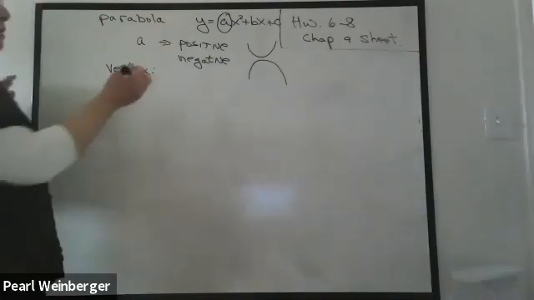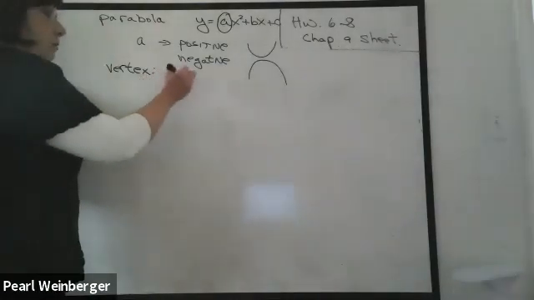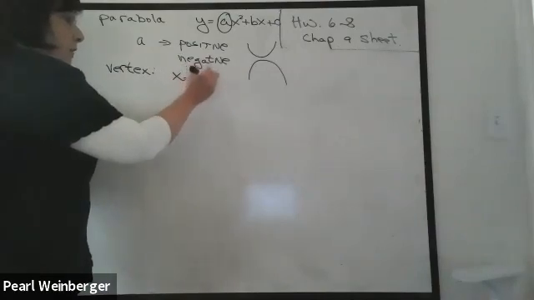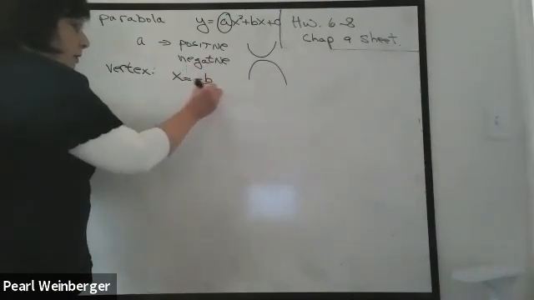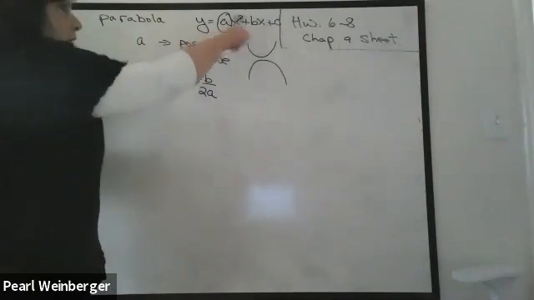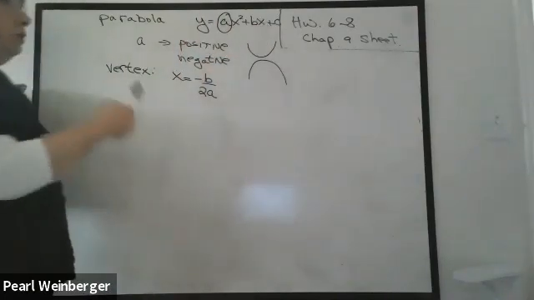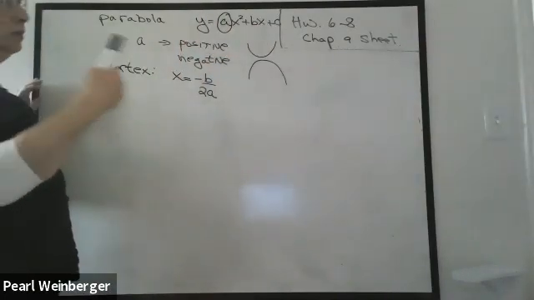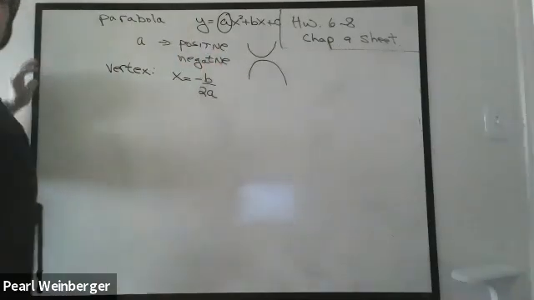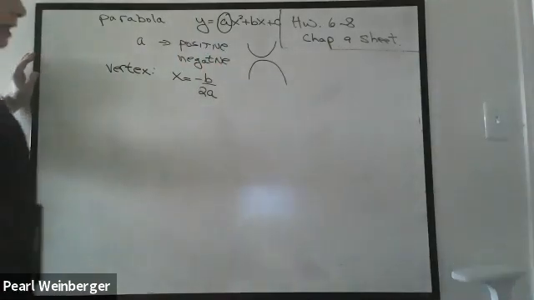There's a formula that says x equals negative b over 2a. Remember what the a, b, and c are. The a is the number in front of the x squared, the b is the number in front of the x, and the c is the standalone number, the constant that doesn't have any x.